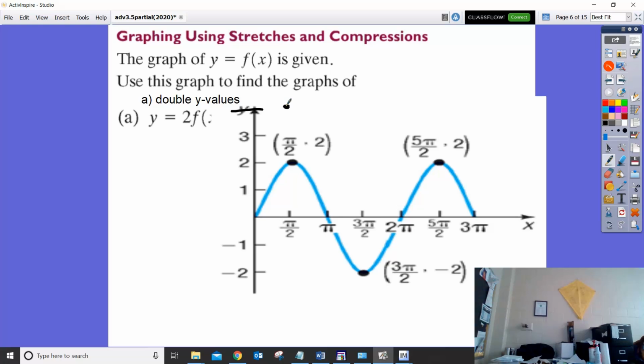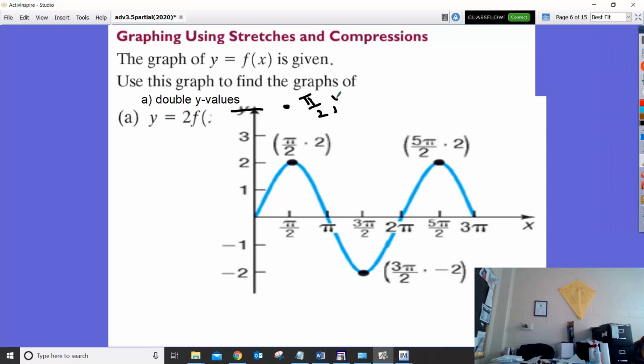Let's see, there's pi over 2, 4. This guy had 3 pi over 2, negative 2. What's it become? Double y, it's negative 4.